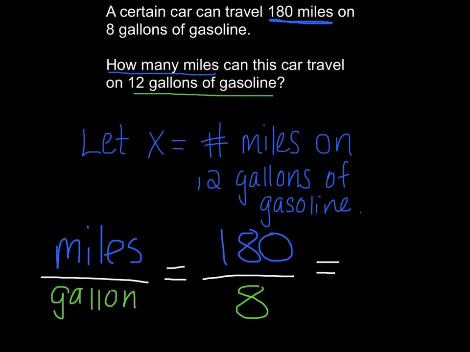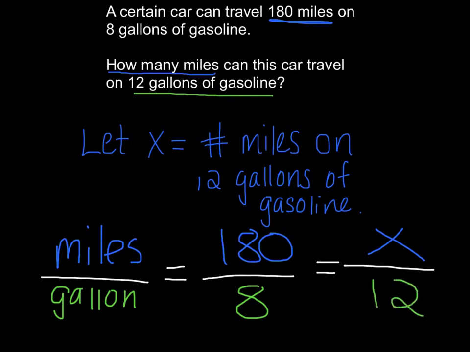another ratio, but this one will have an unknown value, the number of miles when we have 12 gallons of gasoline. Because the number of miles is my unknown value when we have 12 gallons of gasoline, just like I stated here, I will write x on the top part of my ratio over here, finishing up my proportion, and then in the denominator I will write 12.